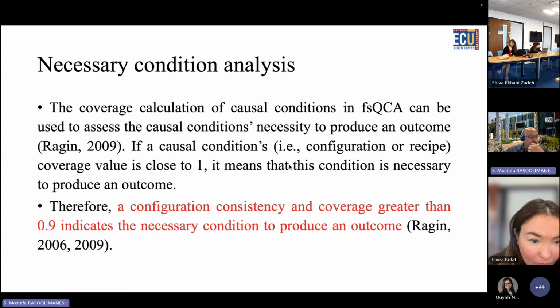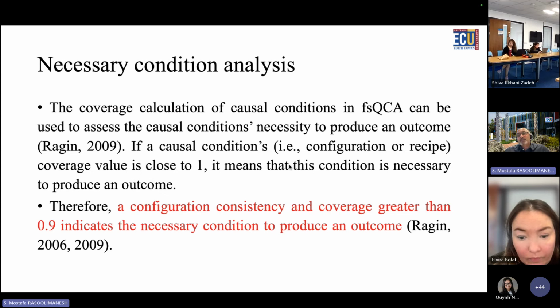I remember my first paper that I published using FSQCA, I think it was in 2019 or 2020. Before the final publication of my paper in Current Issues in Tourism, I shared it on ResearchGate.